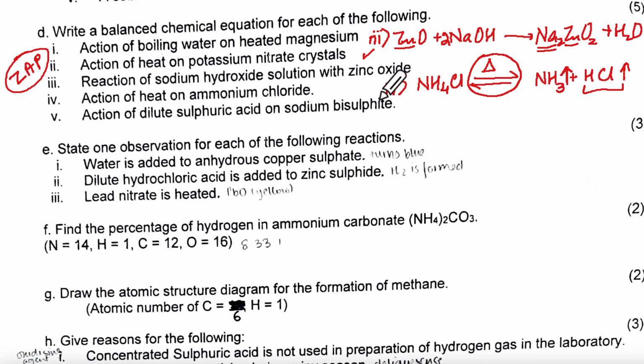Dilute sulfuric acid with sodium bisulfite. So sodium is here and HSO3 is bisulfite. Okay, and you are saying that we add sulfuric acid. So H2SO4, and they say dilute, so we write dilute.